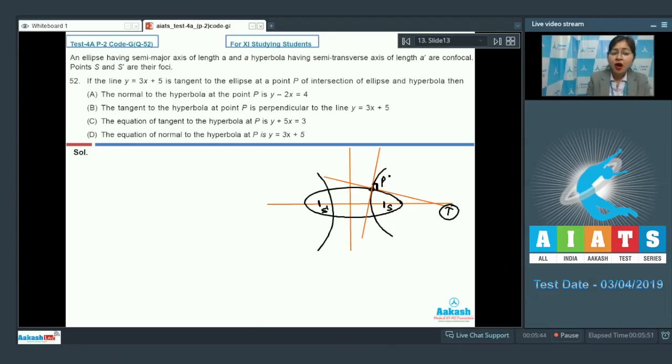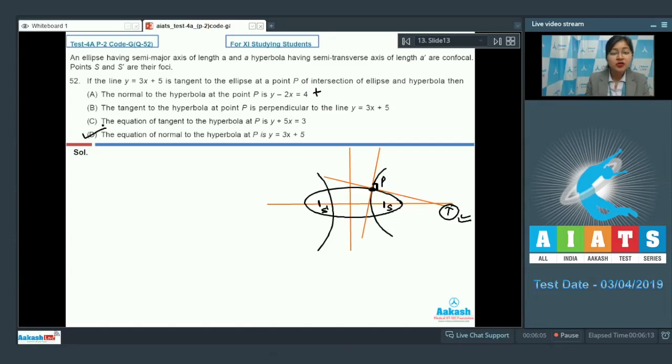So what we are asked in the question is the normal to the hyperbola. Now for the hyperbola it can be seen that the normal on the hyperbola is this tangent on the ellipse itself, that is y equal to 3x plus 5. So this option is not correct and option number D is correct.